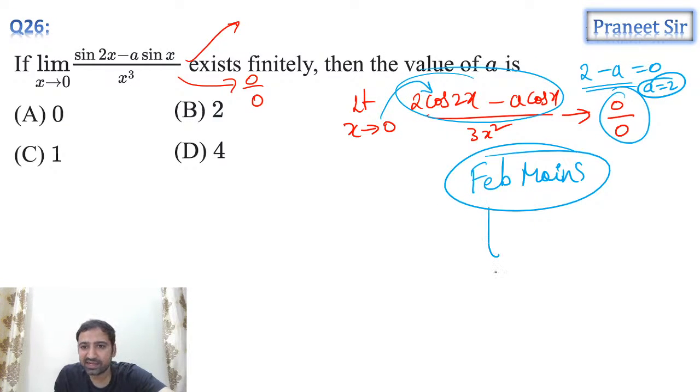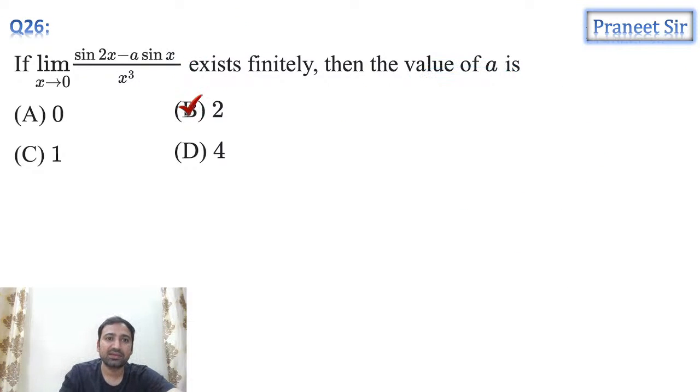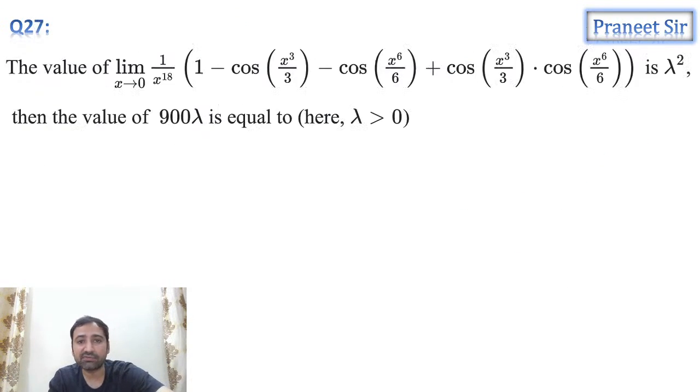If you get 170 marks in February, it is the same as 180 marks in March, which is the same as 190 marks in April, which is the same as 200 marks in May. So what I strongly suggest is give your best for the first attempt, which is February Mains, guys. If you can get good marks in February Mains, you'll get a good percentile. So give your best for the first attempt, so that you will get enough time to prepare for Advanced also, guys.